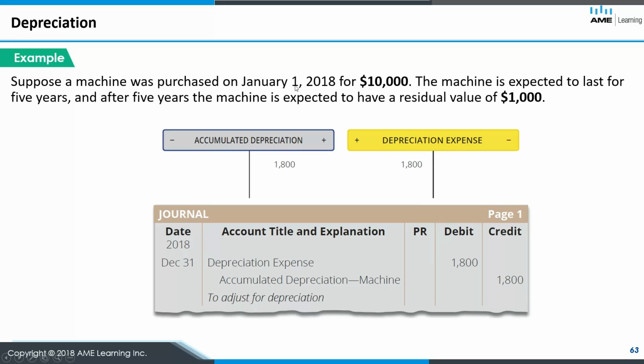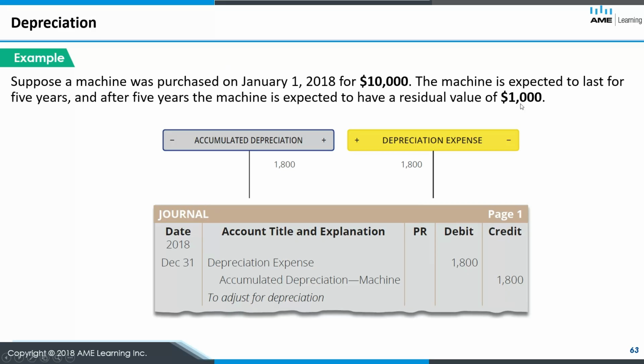We bought it right on the first day of the year. Maybe in the future, we'll have to account for the fact that we often purchase these assets throughout the year, so a whole year of depreciation doesn't always get recorded in every year because you might have bought it partway through the year. But in this problem, it's very simple.